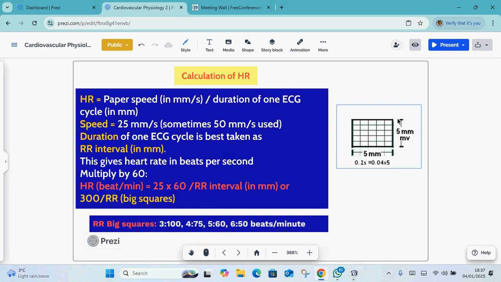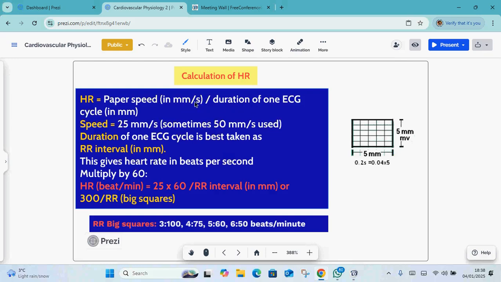When the ECG is measured, the speed of the machine is in millimeters per second. If you divide the speed of the machine by the duration of one cycle in the ECG, this will give you the beats per second.